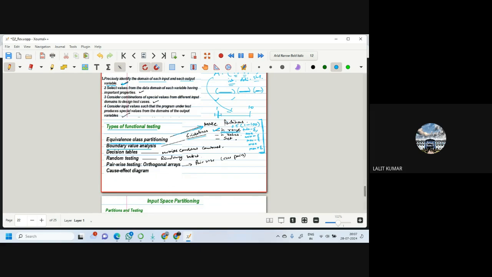Then I come to max: max minus epsilon, at max, and then at max plus epsilon. So this is for the range. Similarly, if it has been given in values, I do the same thing. However, if it is given in a set, 1 and 100, then I don't do all this epsilon and all that. I check only at the min value and the max value.